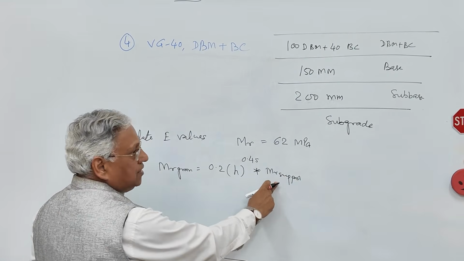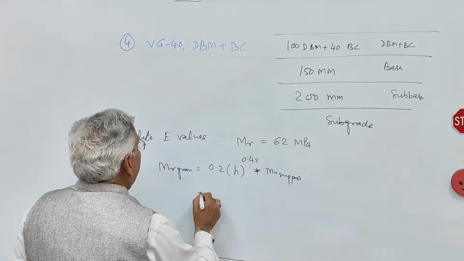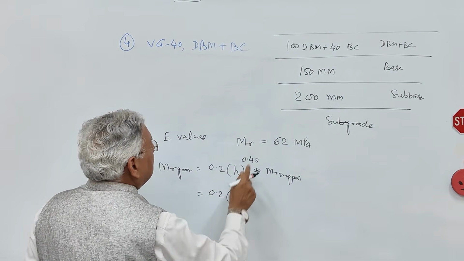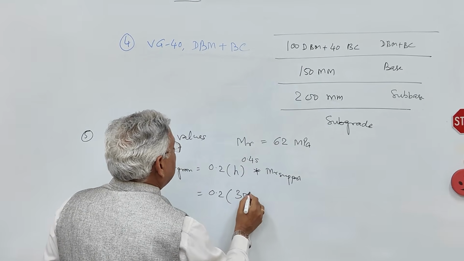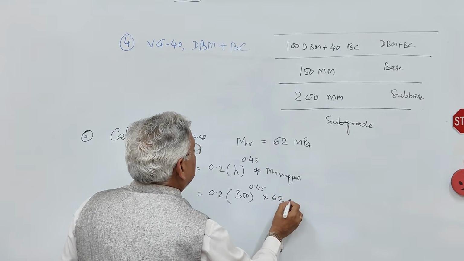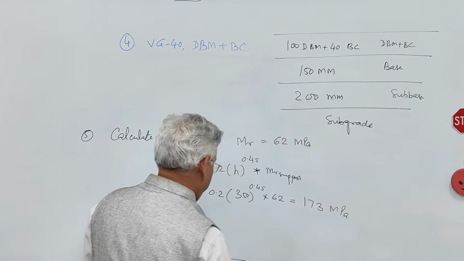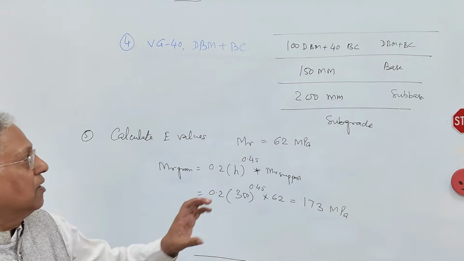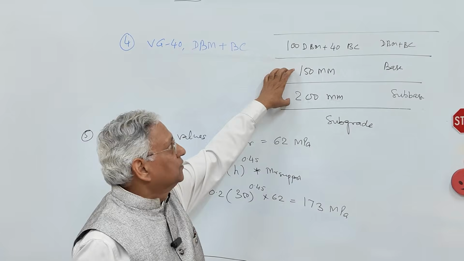MR support here is the MR of the subgrade. So 0.2 into thickness, which is 200 plus 150, that is 350 millimeter, power 0.45, into 62, and this is 173 MPa. This is the MR value of the combined layer of base and subbase.